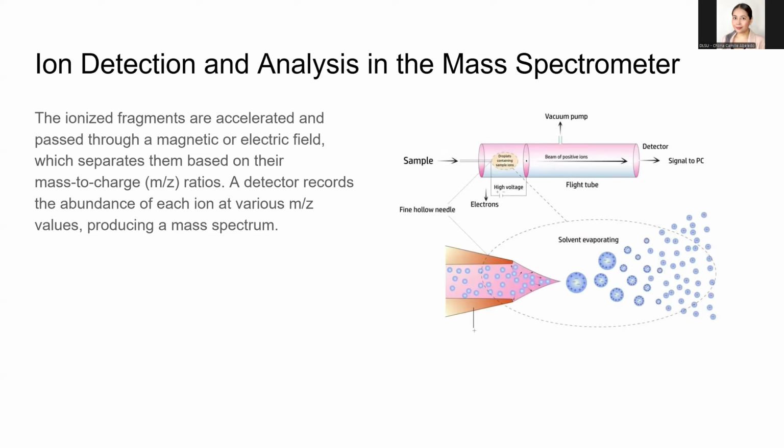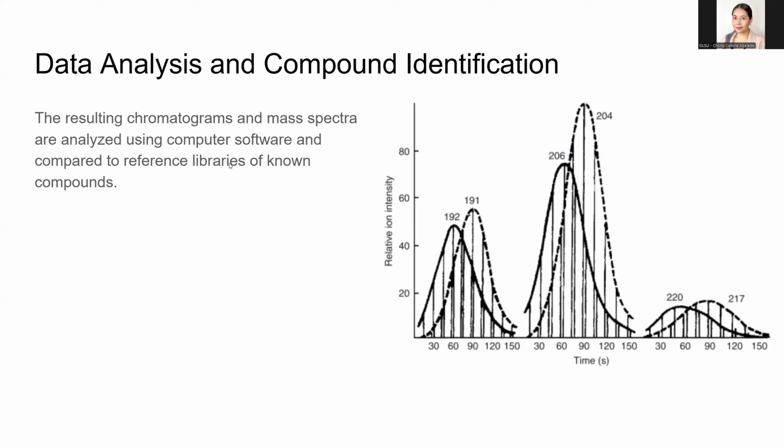So the detector measures the abundance of these ions. So this step produces a mass spectrum which reveals the mass and abundance of the ions. The unique fragmentation patterns in the mass spectrum help identify the specific compounds that are present in the sample.